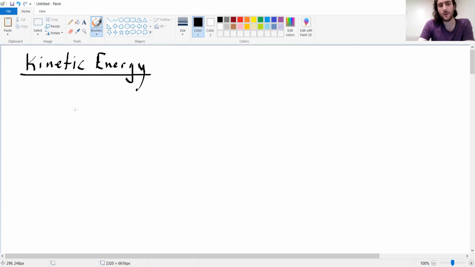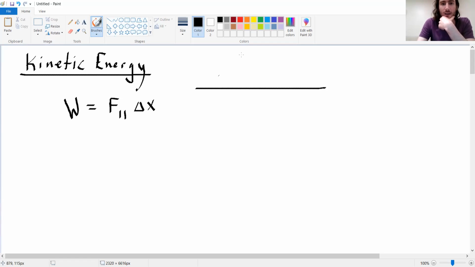We'll start by first looking at what we had for the work previously. We said that work was a force parallel to a displacement, so F parallel times delta X. Let's take a look at a specific case again, where we have a crate on a level table, or the floor, no angles involved.